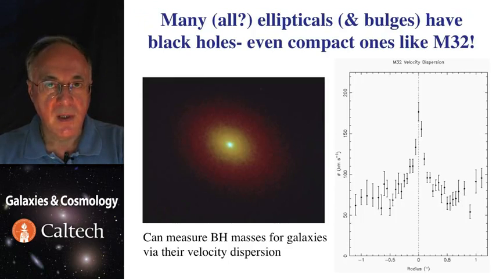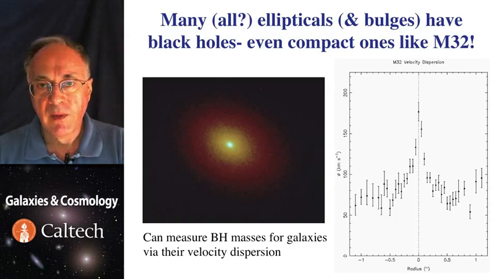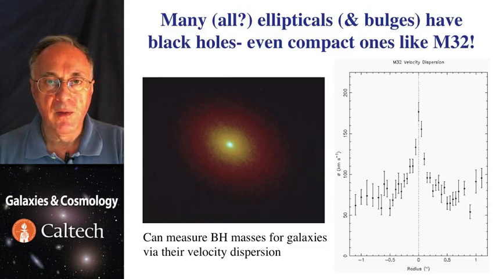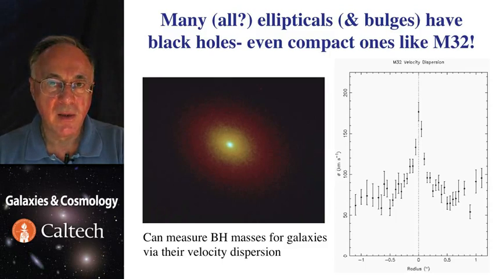So here is one of the first cases, the small elliptical satellite of Andromeda, M32. And what's shown on the right is profile of its velocity dispersion. You can see there is a sharp spike right in the middle, which is what you'd expect if you were to embed a large point mass, like a black hole, in an otherwise normal galactic core.